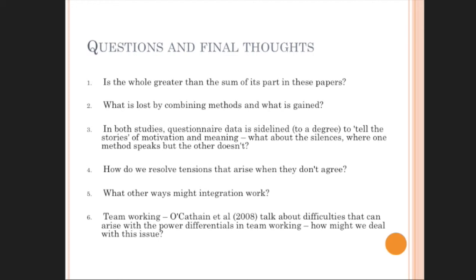Is that something that really sits well with the idea of what they're meant to be doing with integration? And something that didn't come up a lot in these papers but was interesting was how they resolve tensions that arise when the two methods don't agree. They didn't really talk about that within their papers, but then they're presenting a snapshot of part of the studies that they did.